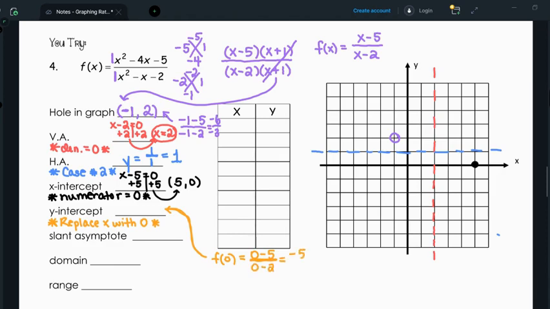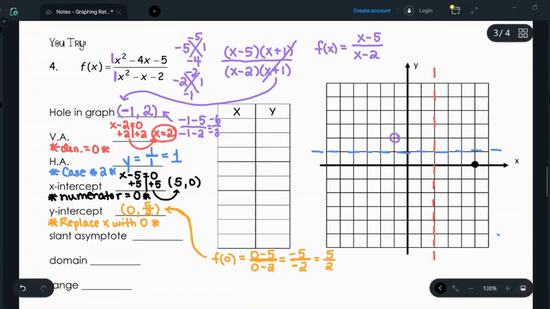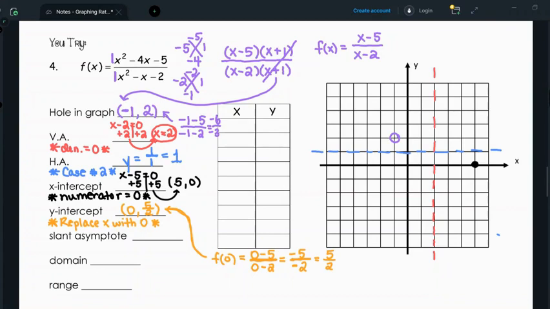I solved the numerator down to one number to get negative 5, and the denominator to get negative 2. Then I can simplify and cancel out two negatives, making a positive 5 over 2. That gives me 5 over 2 as my y-intercept. Thinking about that as a decimal, that's about 2.5. So that's exactly where I'll put my y-intercept point.